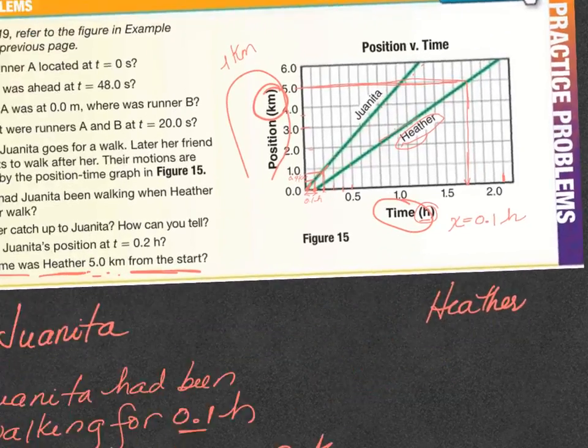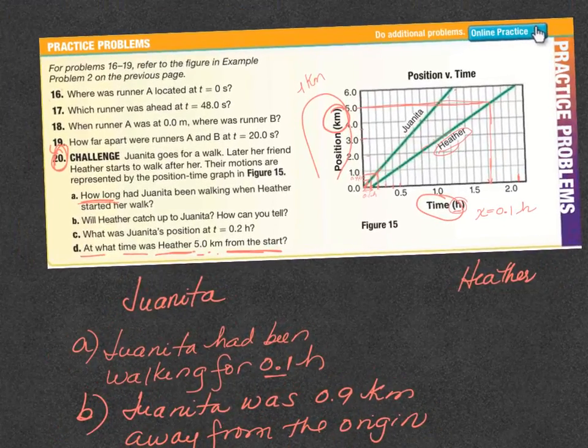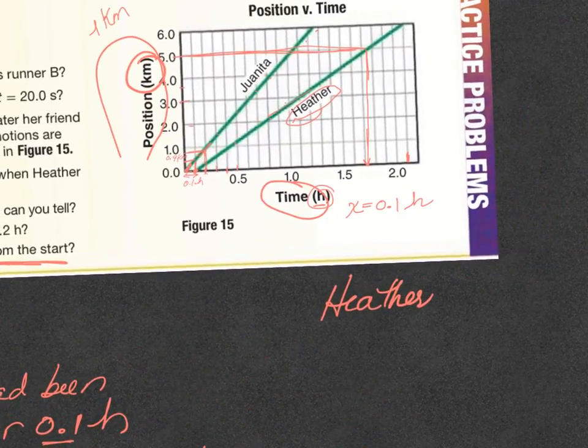What was the question one more time? At what time was Heather 5 kilometers from the start? 5 kilometers, over here. If I go down, this is 1.5, 1.6, 1.7, 1.8.